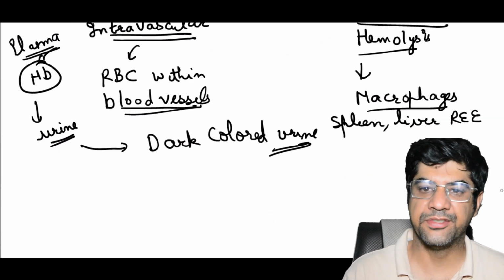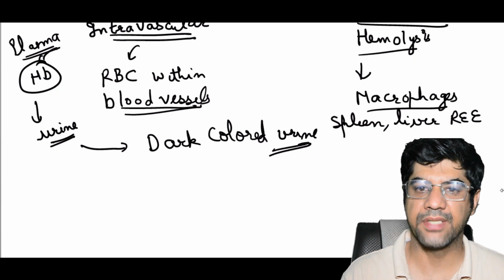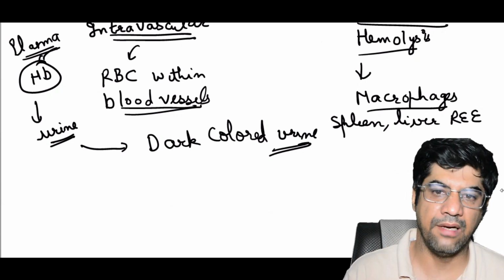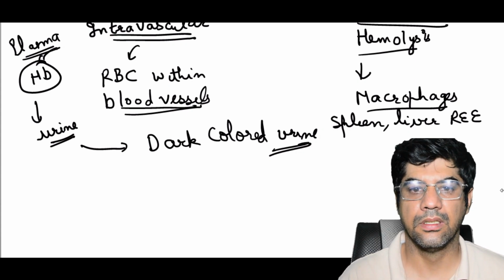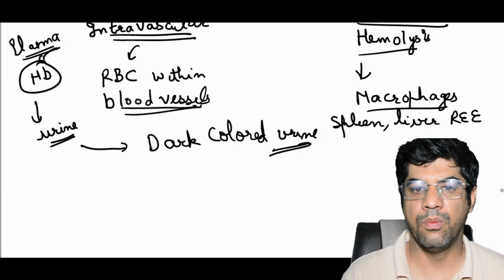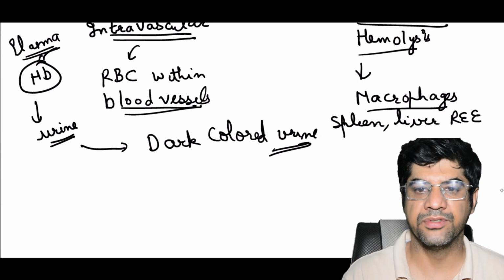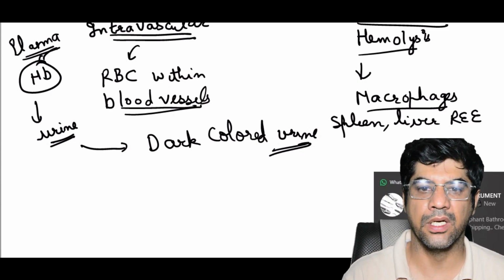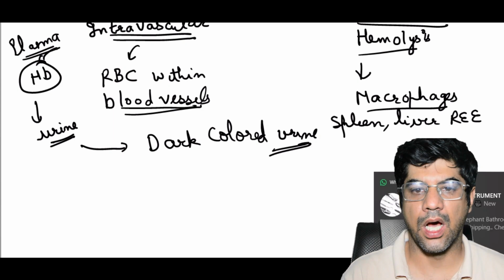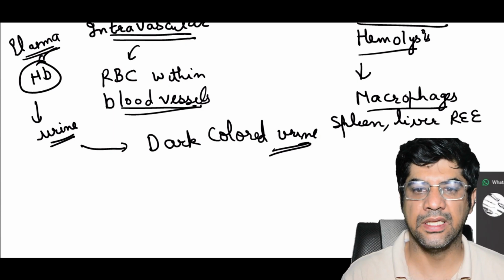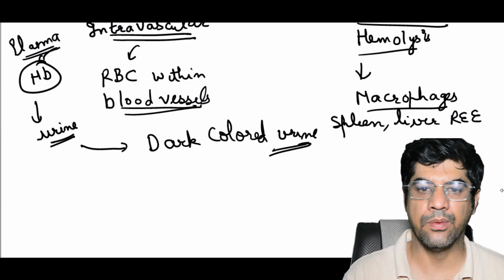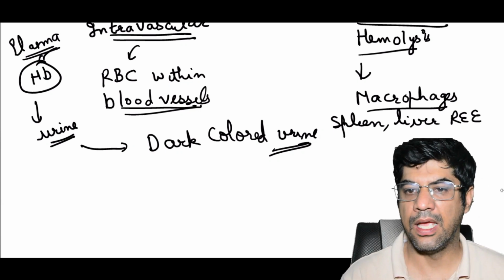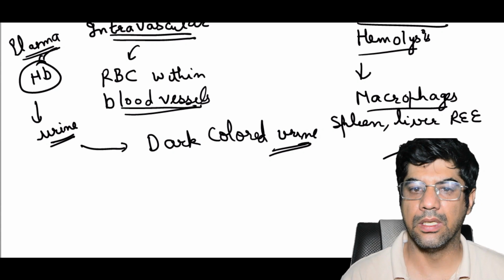Macrophages in the spleen and liver recognize and engulf damaged or abnormal RBC. The plasma hemoglobin level remains normal because the hemoglobin released from these destroyed RBC is metabolized within the macrophages. The hemoglobin breaks down into heme and globin.